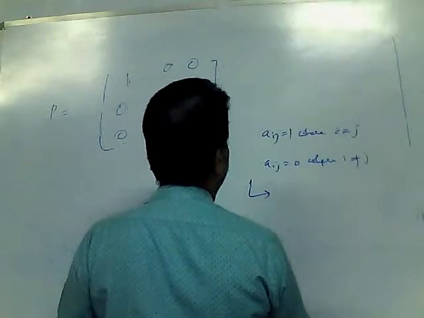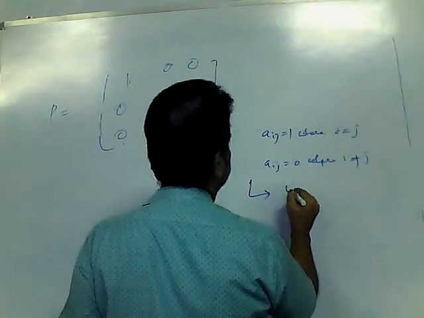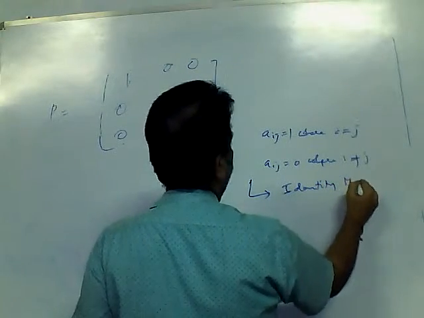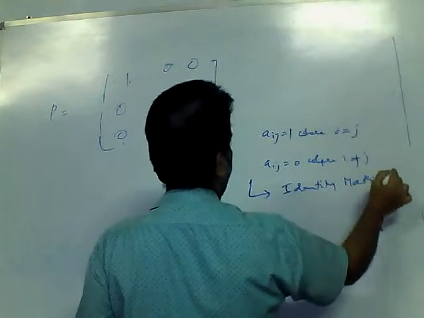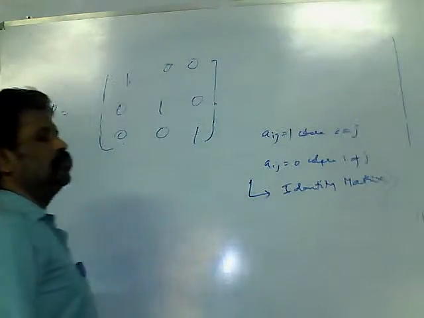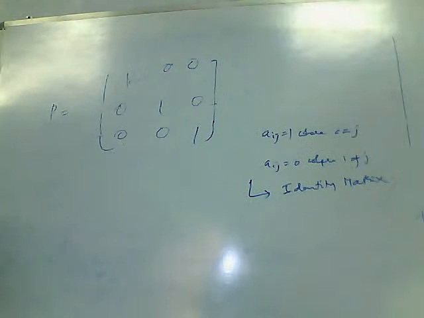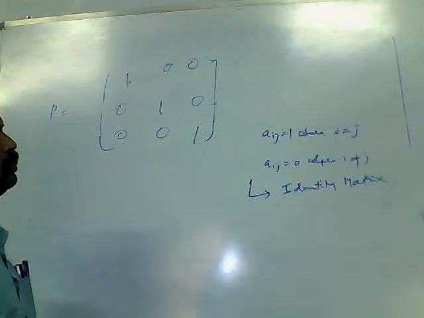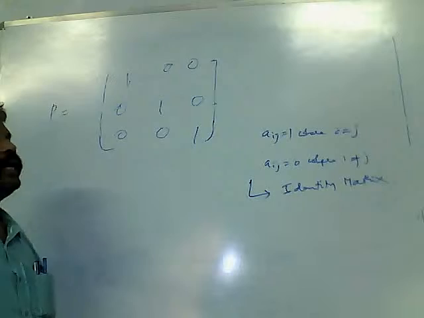Then this is called the unit matrix or identity matrix.